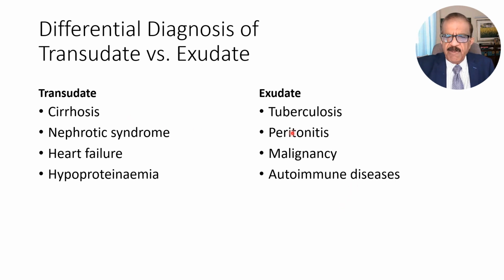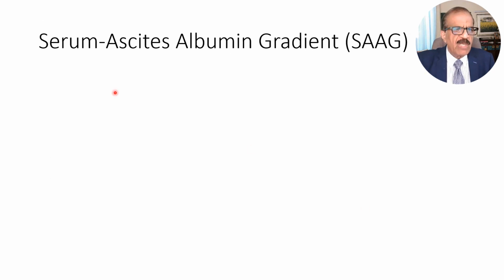Now, there's another concept. I think peritoneal fluid can be easily differentiated into transudate and exudate, but there is another concept which is applicable to cirrhotic fluid, and that is the concept of SAAG. I'm going to explain that to you. This is the serum-ascites albumin gradient.